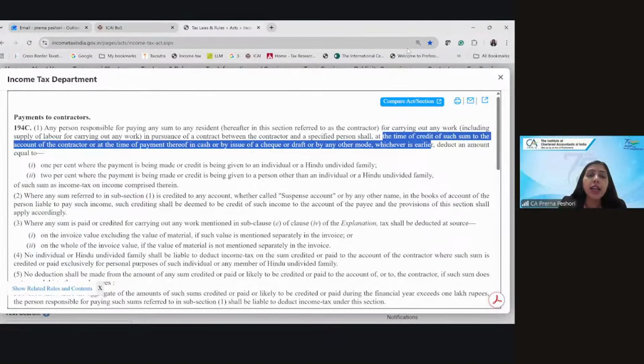Deduct a sum equal to 1% where the payment or credit is to an individual or HUF, and 2% of the payment or credit in the case of others.